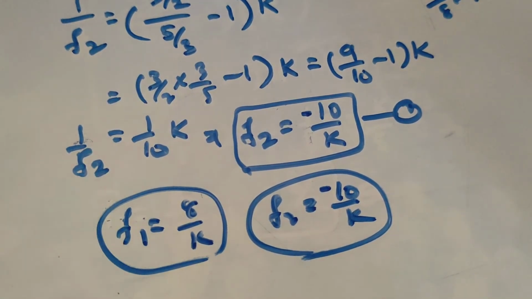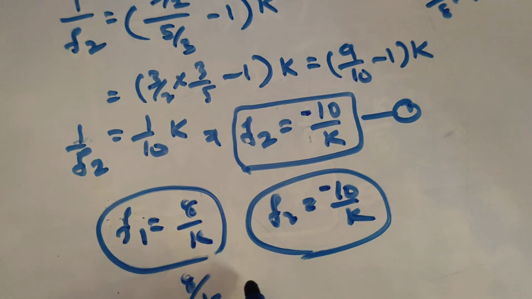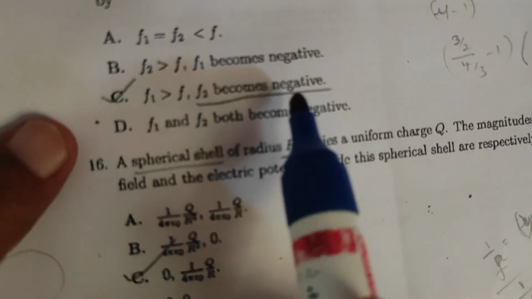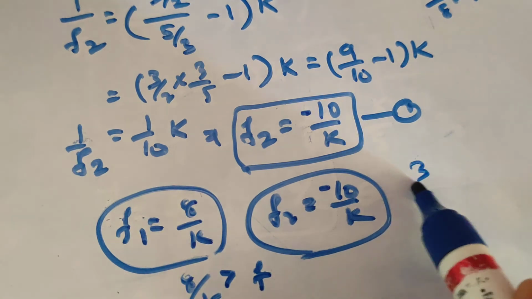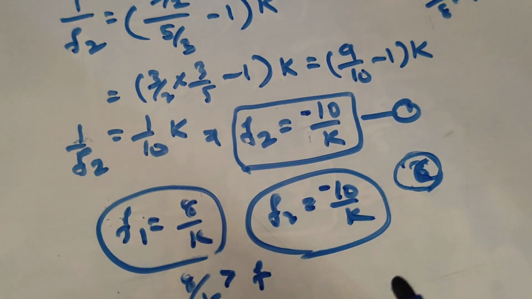In the options, f2 becomes negative, and f1 is greater than f, small f. So f2 becomes negative, f1 is greater than f, and the right option is C. C option is right. Thank you.